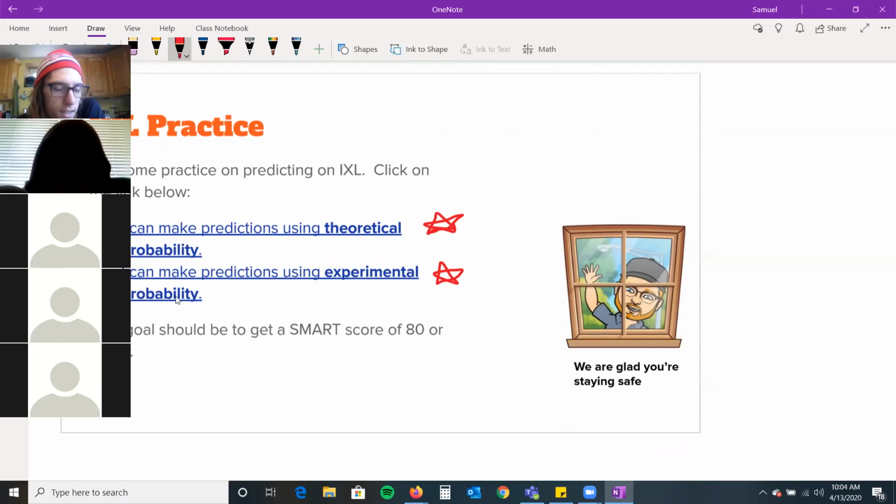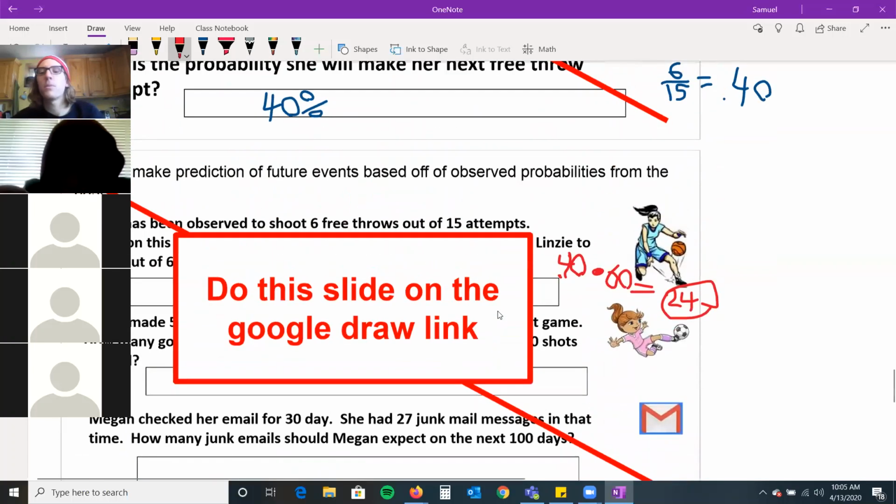I'll post the links on Google Classroom, but it's also linked in your slides, so you can just click on them. Your goal is to get a SMART score of 80 on each of these. One deals with theoretical probability and one deals with experimental probability. And again, today's lesson is all about predicting, right? Predicting the future, kind of like a fortune teller, but we're using math to be a fortune teller.